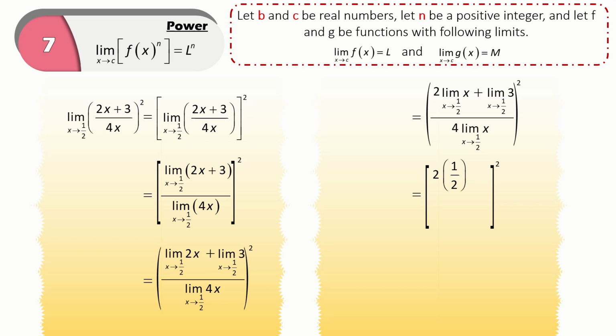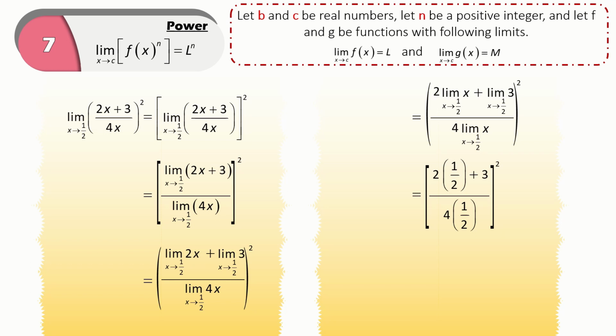And it is added to the limit of 3 as x approaches 1/2, which is 3 by constant property. Over the product of 4 and the limit of x as x approaches 1/2, which is 1/2 by identity property.